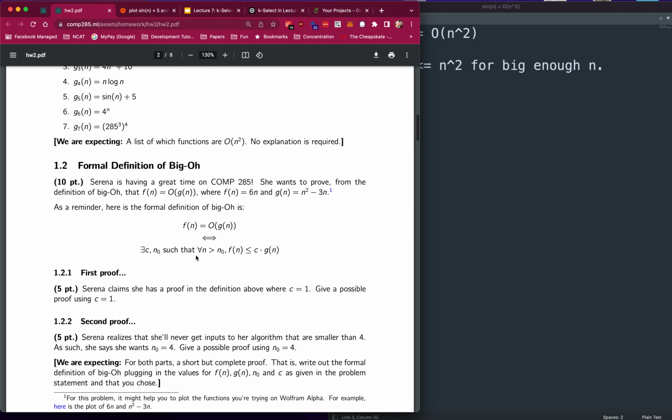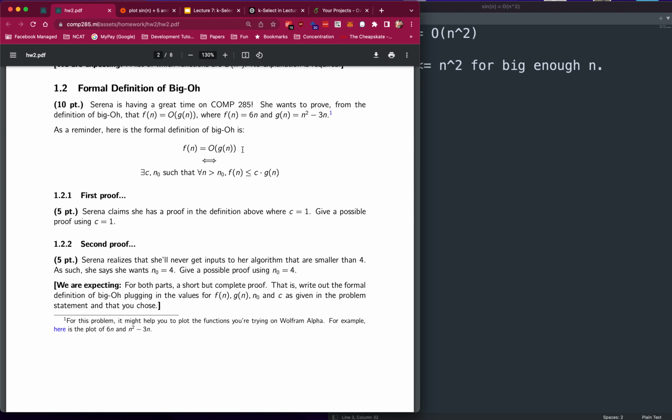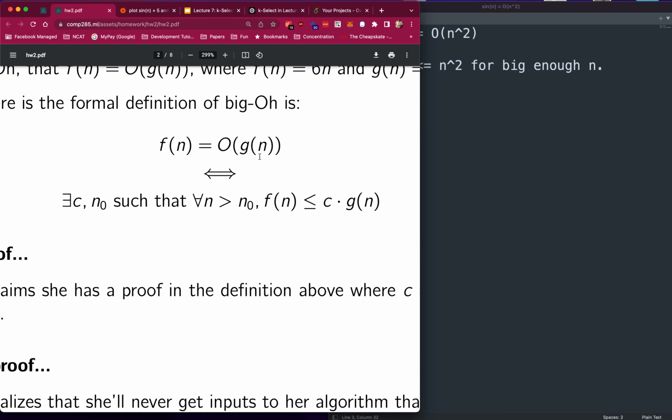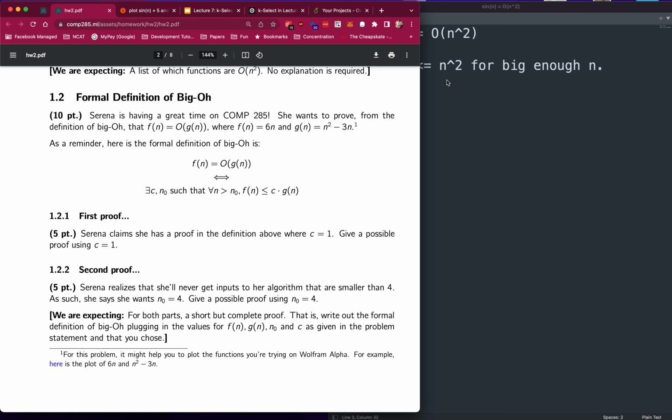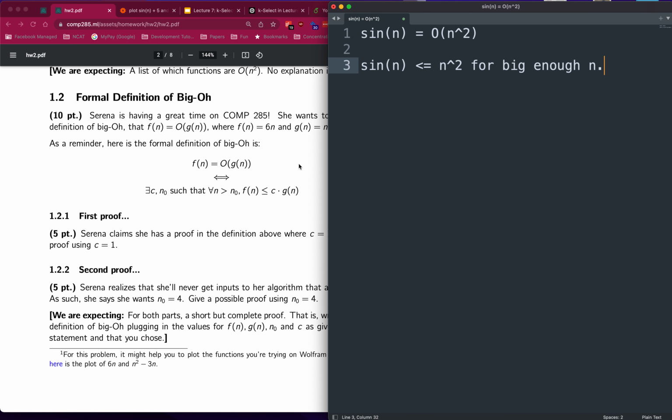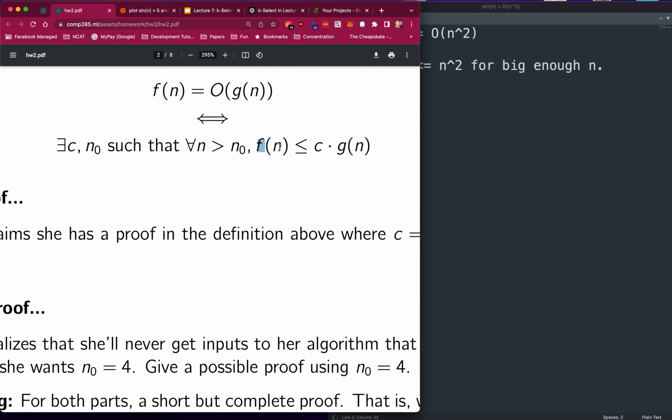Great. For part 2, we're going to jump a little bit more into the formal definition of big O. So again, how do you prove something is big O? You essentially have to prove that your function is smaller than the big O function times a constant for input values that are big enough.